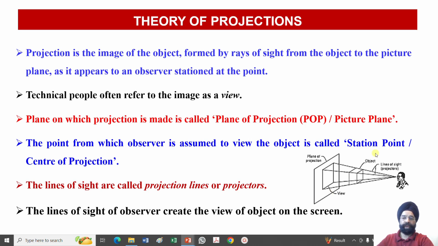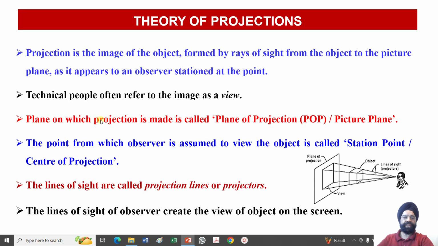And if we are looking at this object from the side, the view obtained on the profile plane will be called the left side view or the right side view of this particular object. So the object remains the same, whereas we can have multiple views of it.